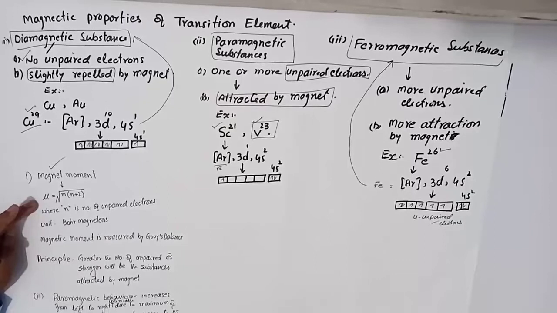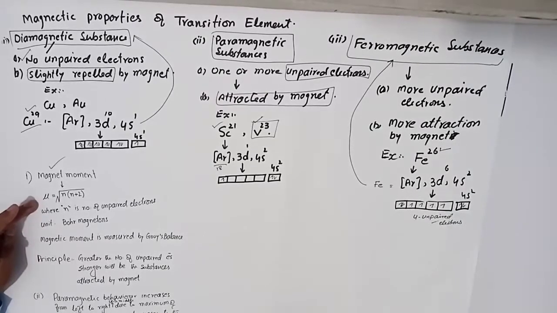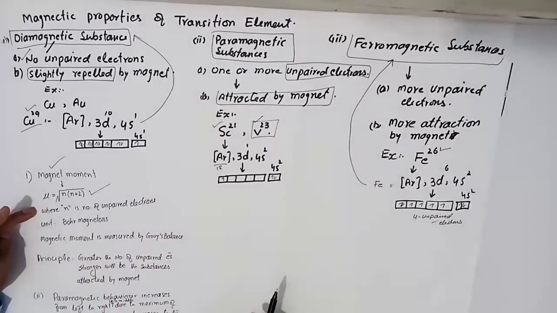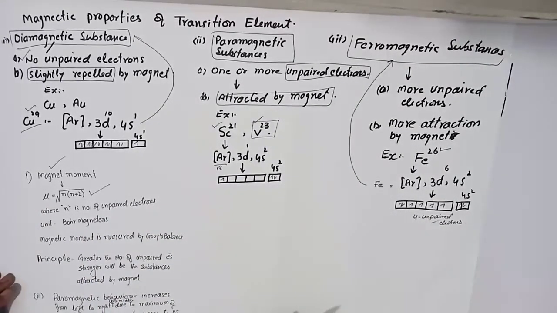There is a simple formula: mu is equal to the square root of n(n+2). This is a simple formula given for the measurement of magnetic properties.